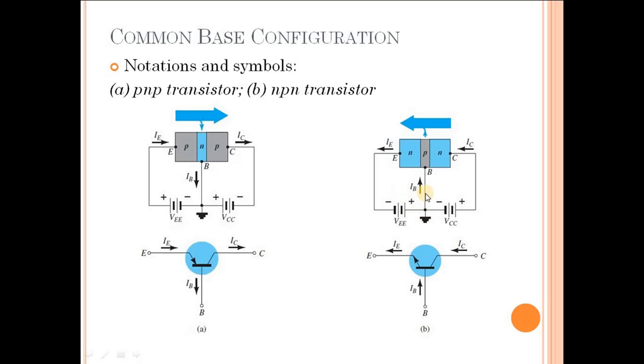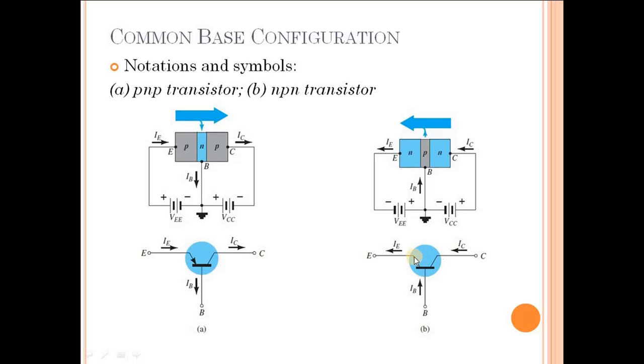So suppose at the start we are not aware of the direction of IE, IB and IC, and we are not aware of the DC power supply polarities VEE and VCC. How will we fix it? Only when we are aware that we are using an NPN BJT. By using the NPN BJT symbol, it will look somewhat like this.